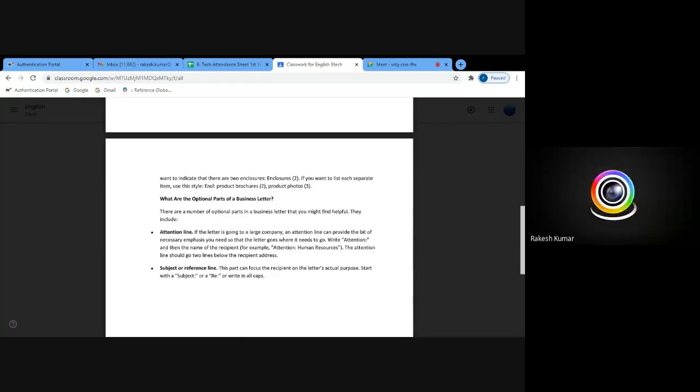If it is sent by mail, it could be a bill or a check. So if it is written there ENCL, the check of the payment or whatever you are including, or the CV, as I said, if you're applying for a job, the receiver would see that you have attached something separately. Like in the case of a CV, you cannot discuss everything in the letter. In the opening paragraph you simply tell them that you have seen an ad of a job opening on that particular portal.